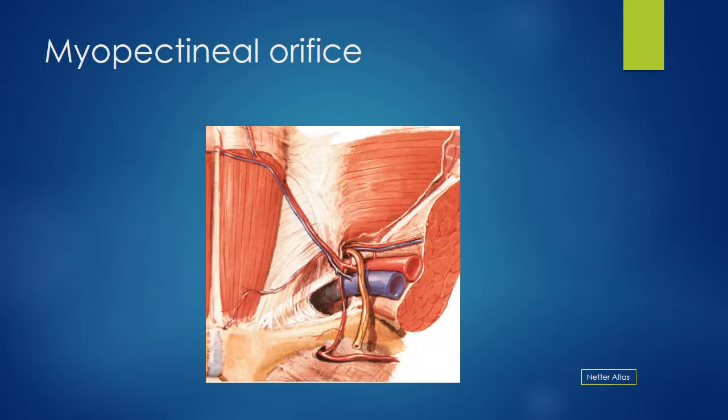This gives a closer view of the areas of interest. This is the inguinal ligament from the posterior aspect, extending from the pubic tubercle here to the anterior superior iliac spine out there.